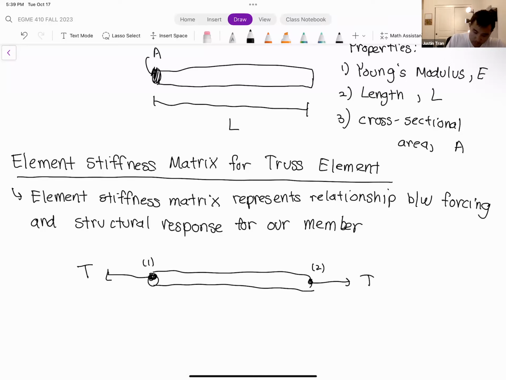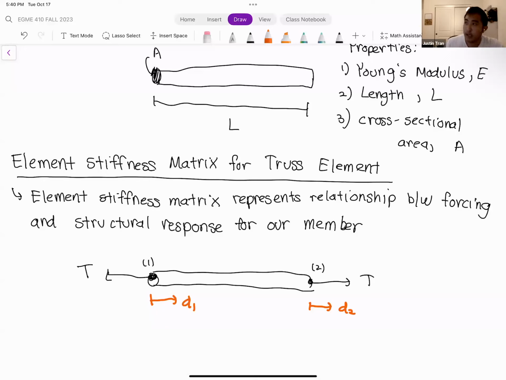We can represent the displacement of each node with a variable. D1 and D2 represent the displacement of the left node and the right node, as is shown.